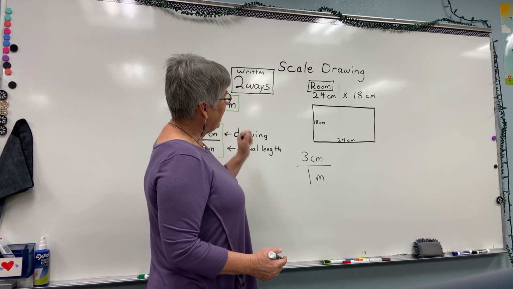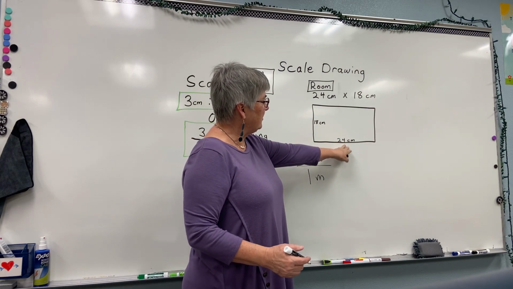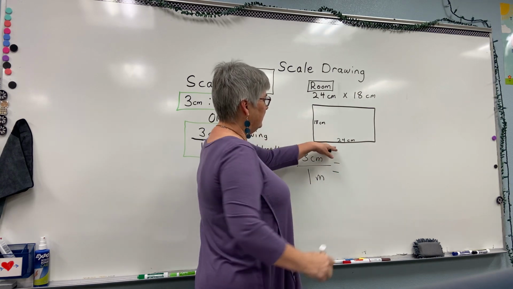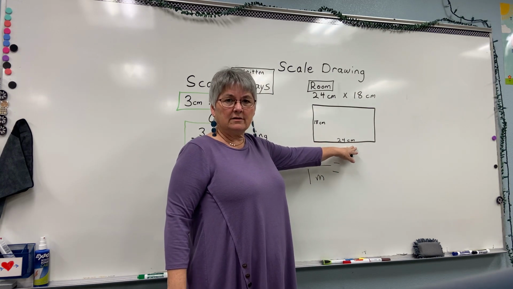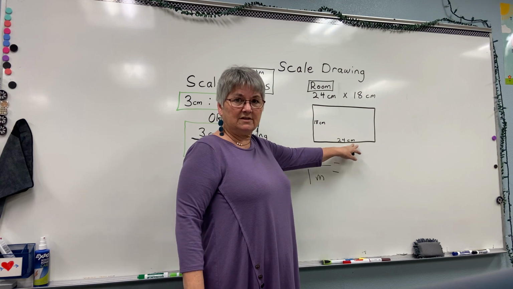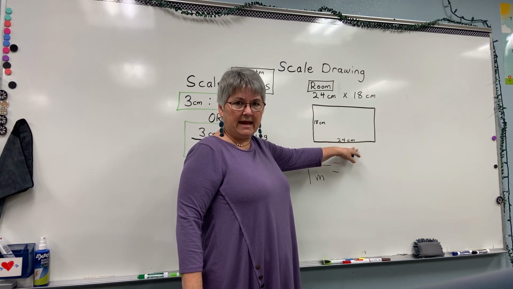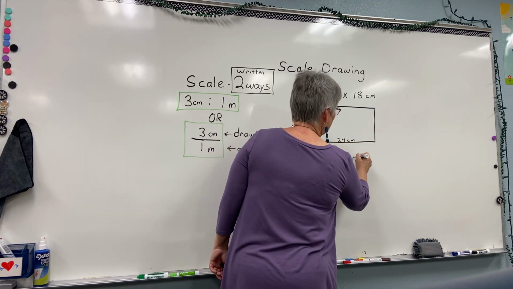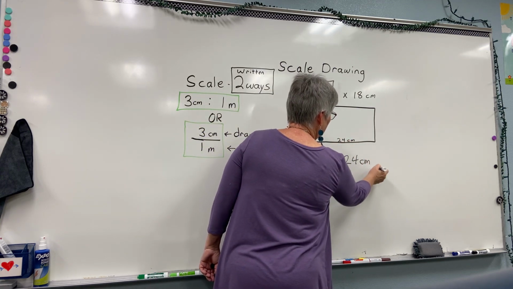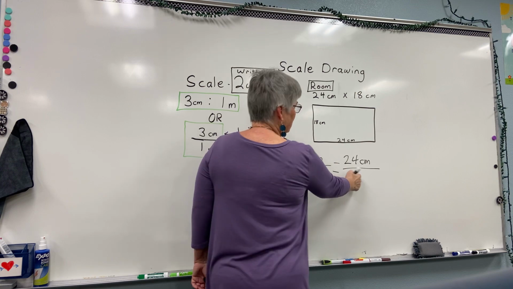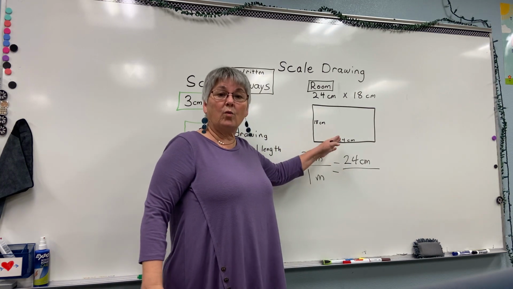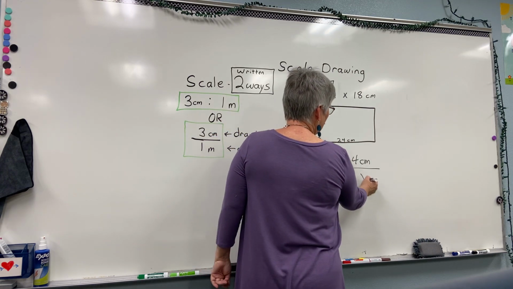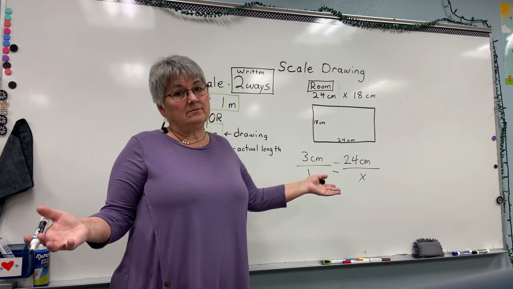And if I want to know the actual length of this part of the room, this is the scale drawing, right? 24 centimeters, this is on the picture, the map, the scale. So 3 centimeters equals 24 centimeters. And I want to know the actual length or width of this room. So I'm going to say equals X because I don't know what it is.